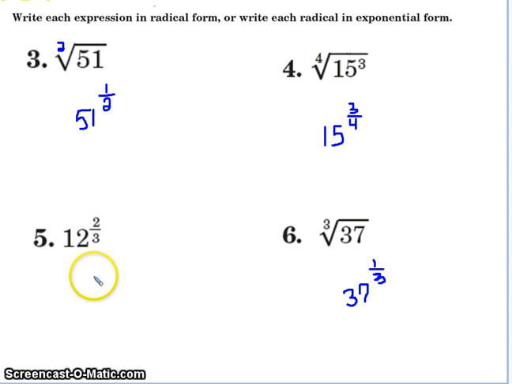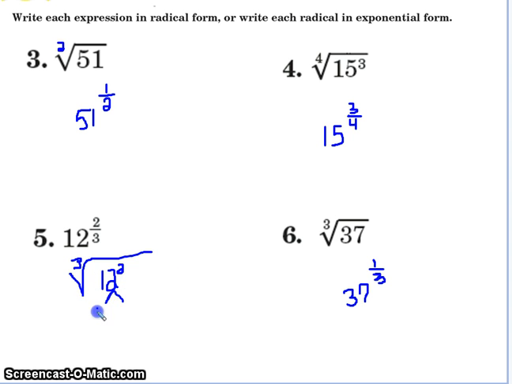Looking at number 5, what this shows us is that we are going to be taking the 3rd root of 12 squared. Now, we can look at this 2 different ways. We can write the factors of 12 and then double them.